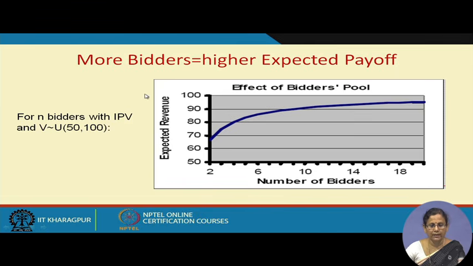If you look at the market, if you look at some studies, this is what happens as the number of bidders increases: the expected revenue keeps on increasing, and this becomes stable after some time, depending on the kind of setting you are working in.